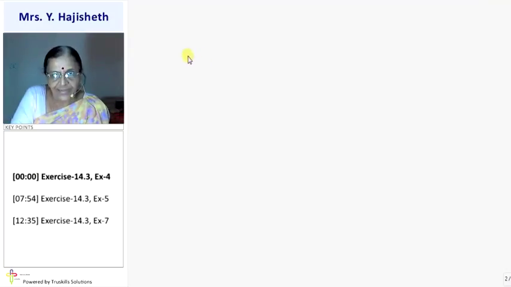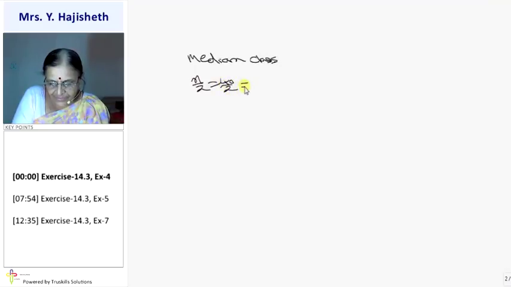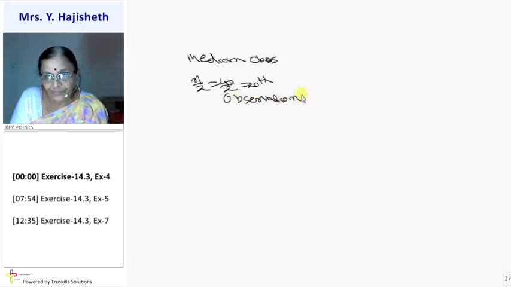The median class is n by 2, that is 40 by 2, so the class in which the 20th observation lies, and the 20th observation lies between 144.5 to 153.5.